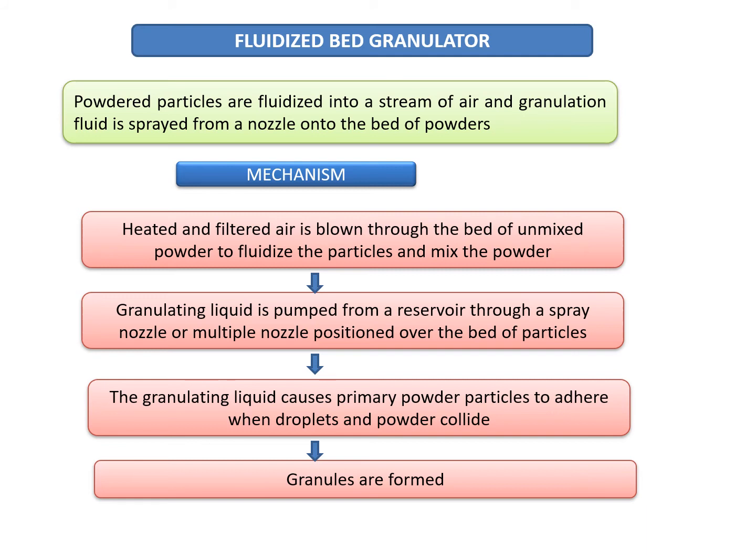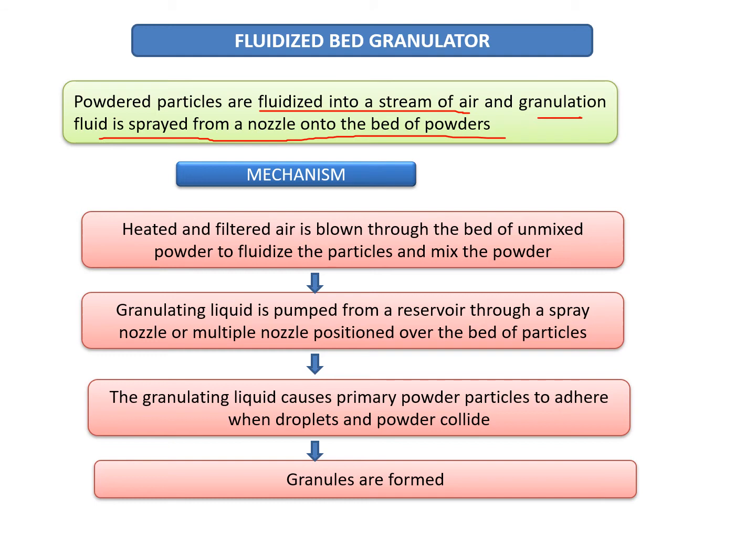The next important equipment is the fluidized bed granulator. You might have studied the fluidized bed dryer in physical pharmaceutics. So the same concept is used, but this is a fluidized bed granulator. Powder particles are fluidized in a stream of air, and granulation fluid is sprayed from a nozzle onto the bed of powder.